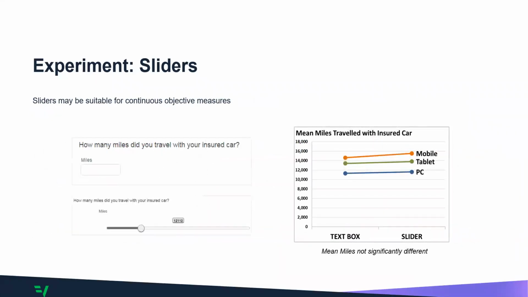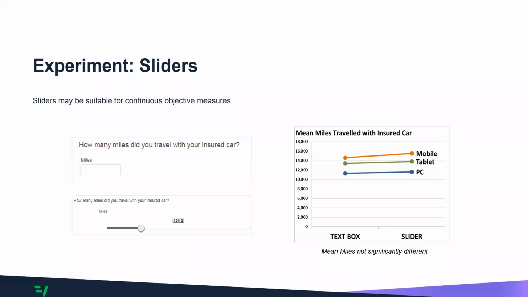We also tested how sliders perform for objective measures. We didn't find any bias for capturing a continuous objective measure. Here we asked for factual information rather than an opinion: How many miles did you travel with your car?